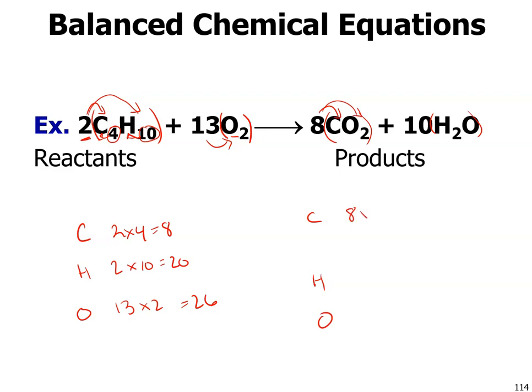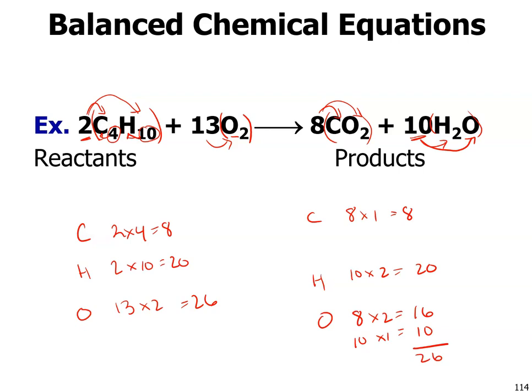Carbon, 8 times 1 carbon, 8. Then I'll move down to the oxygen, 8 times 2 is 16. Then we come back up here, 10 times 2 for our hydrogen. And then I have another oxygen in the water molecule, 10 times 1 equals 10. If I add up all of those oxygens, 26.